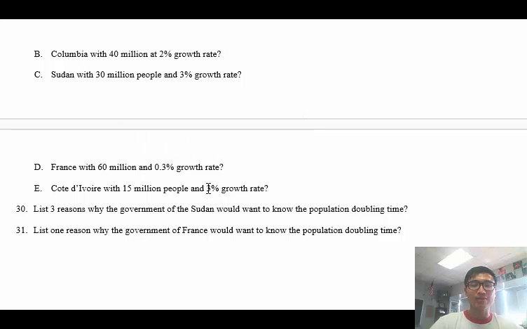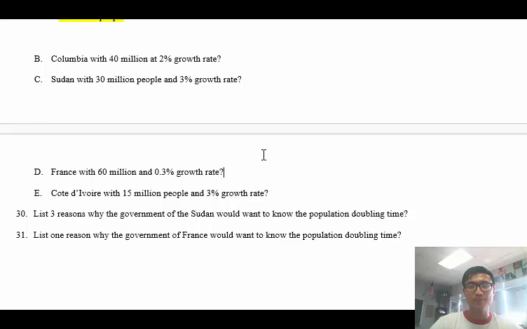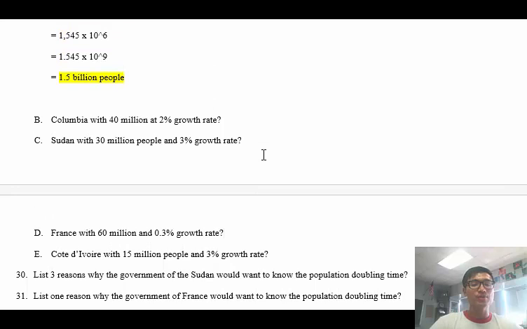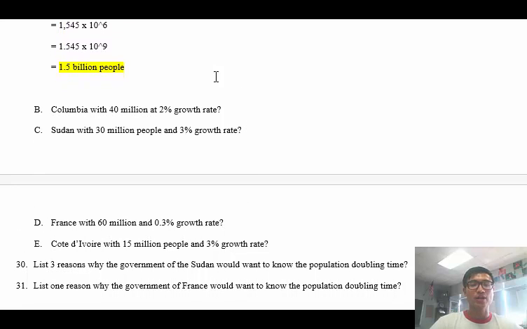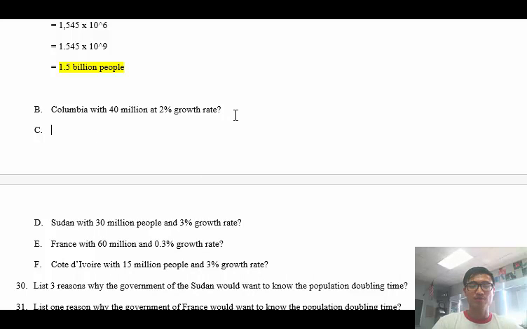And we see that the Ivory Coast has a 3% growth rate, and it has 15 million people. Okay. So I want you guys to try to figure out C, D, and E, and also try to make some predictions, okay? Try to make some predictions. But let's go ahead and work on B together.